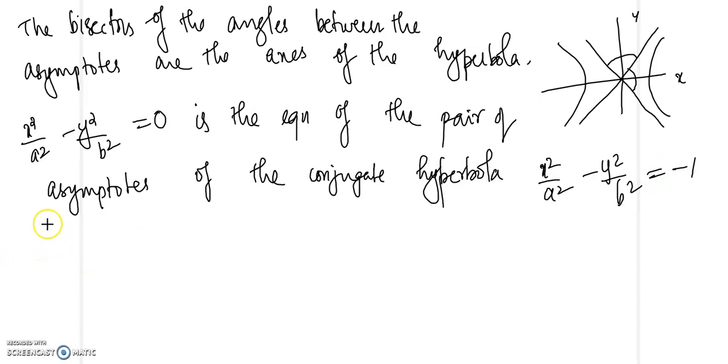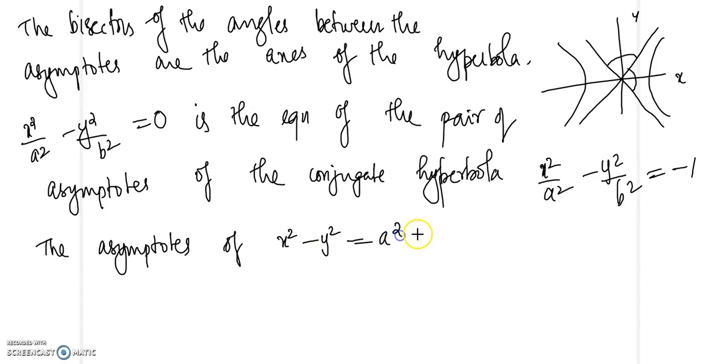And again, if you have a rectangular hyperbola, x square minus y square equal to a square, here a and b are the same, so the asymptotes will be y equal to plus or minus x, and they will be at right angles.